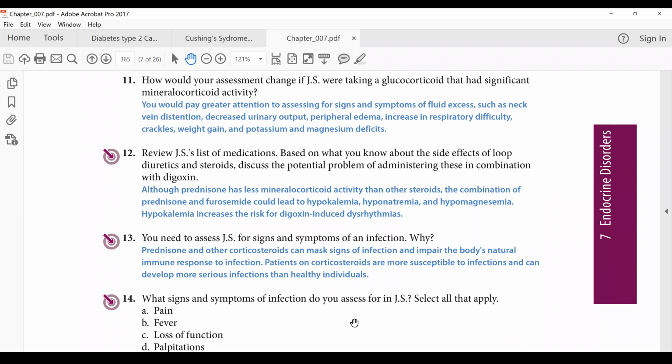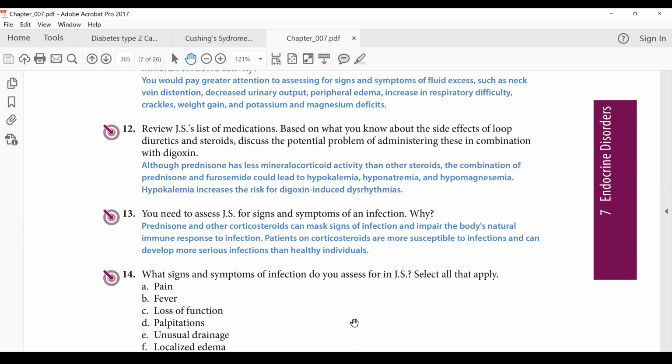So apply these, select all that apply. We talked about fever, but what else? Let me just move on. Out of A through F, what would be the ones we would select? Pain, fever, palpitations, and edema.